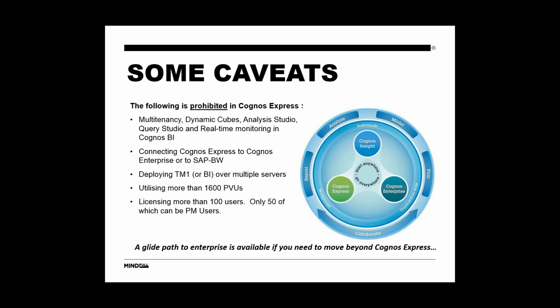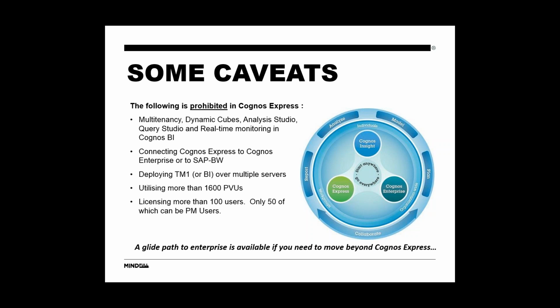In reality, each CPU core is typically somewhere between 50 and 120 PVU. So depending on what CPUs you're using in your server, you're allowed up to 32 cores, which is ample for most clients, but you need to make sure you're not exceeding that limit with the host server that you have set up.